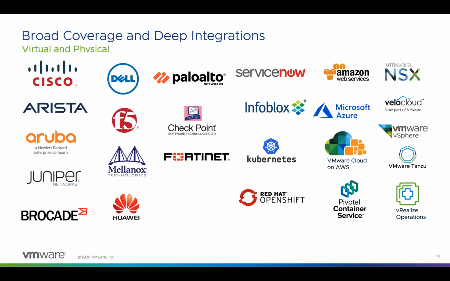We do have an official hardware compatibility list. However, we've pretty much got the top 10 networking and security vendors covered using these integrations, and every single release, and vRNI is on a quarterly cadence, so every 3 months there's a new version, every single release will have added support for something else.